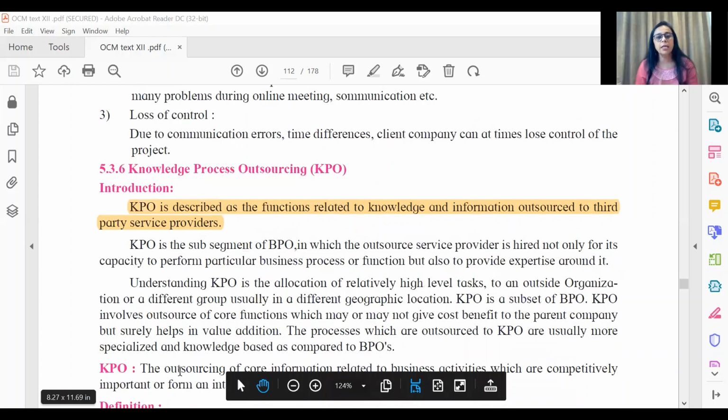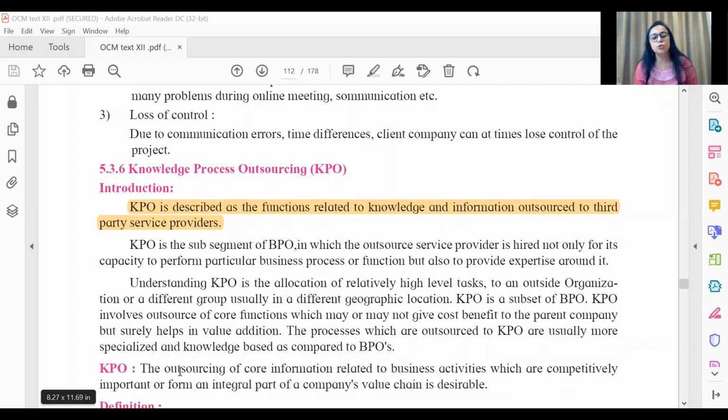We now talk about KPO here. KPO is described as the functions related to knowledge and information which are outsourced to third-party providers. For example, you have your entire computer setup and network in the organization, and the technology required for it, the latest updates which are required, everything related to the software of that company is outsourced.